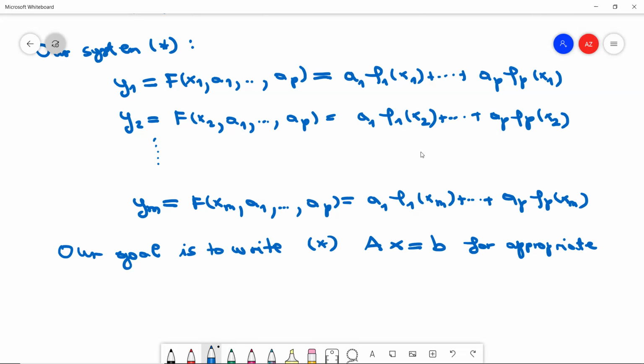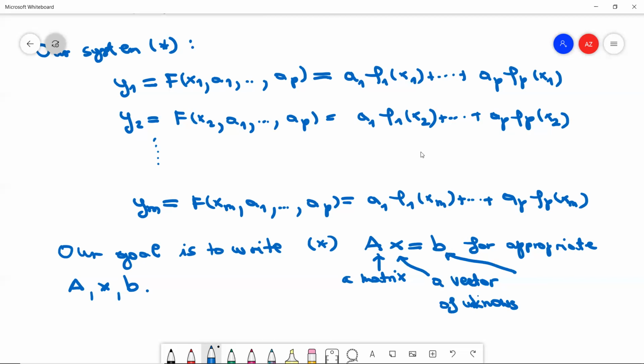So we have to determine what is A, what is x, and what is b. So A is a matrix. As always in such equations, x is a vector of unknowns. And b is a vector of knowns, a vector of numbers which are known.